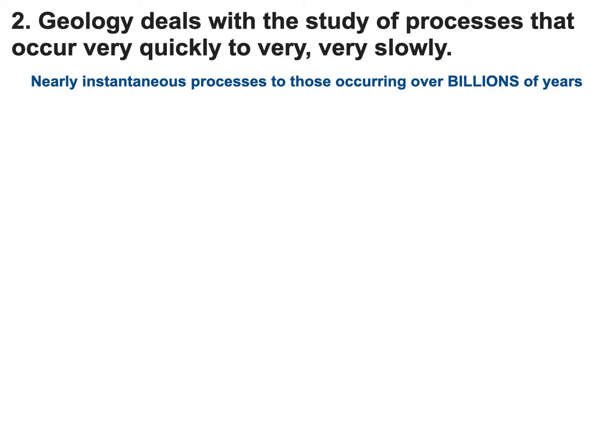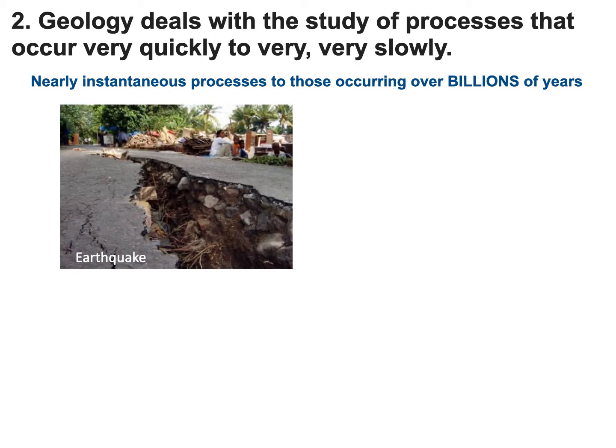A second aspect of geology that makes it unique among sciences is that we study processes that occur very quickly, in seconds, even fractions of a second, all the way up to those occurring over billions of years. Five examples of processes here illustrate this big difference in timescales. Earthquakes occur in seconds or even milliseconds, up to minutes.